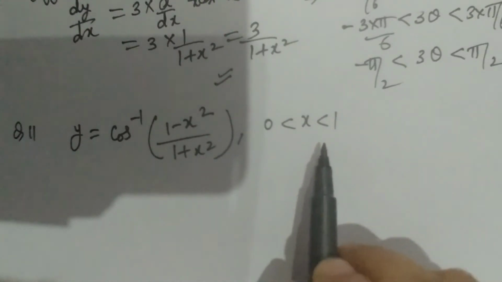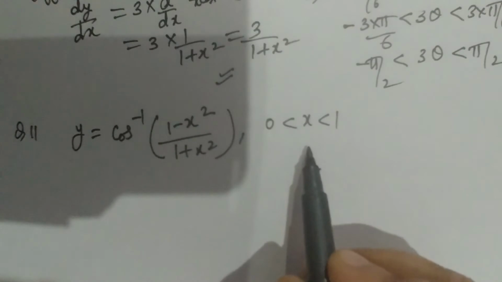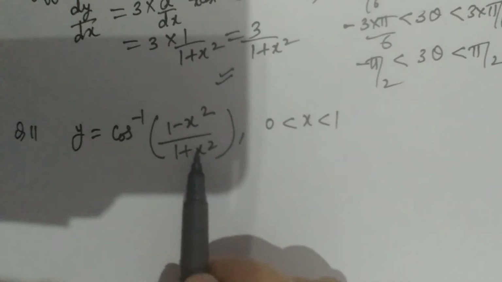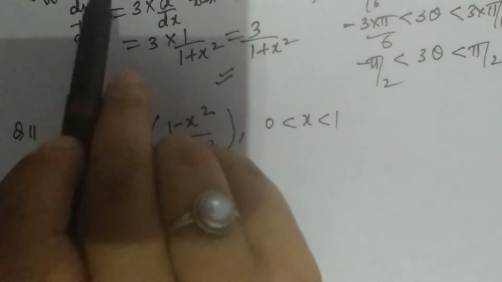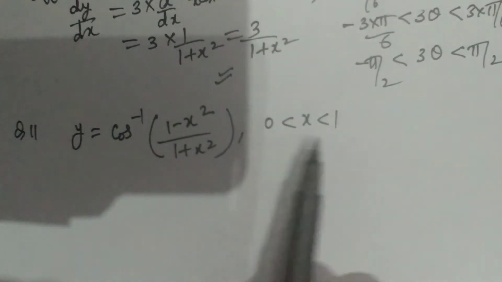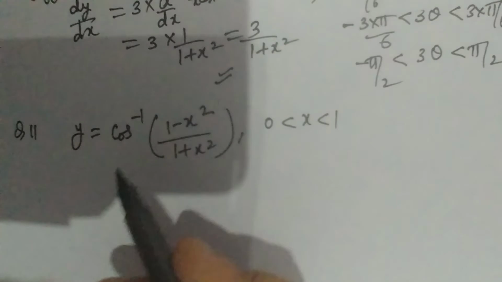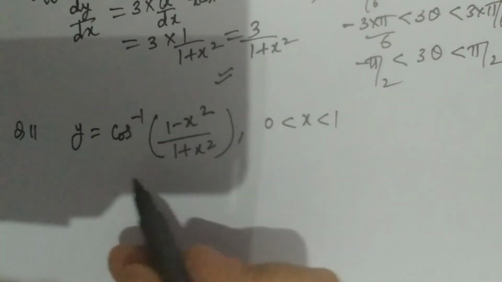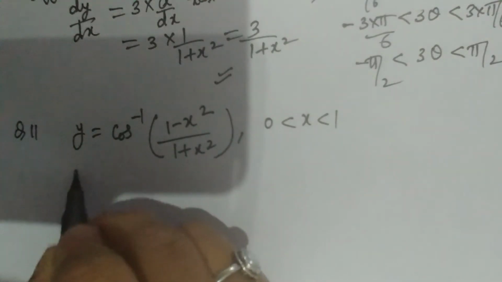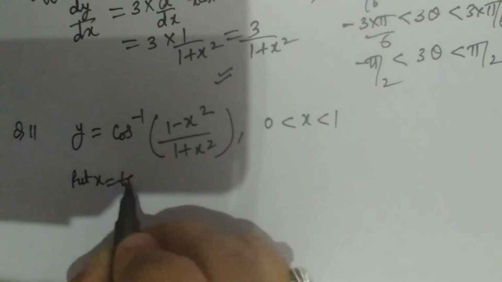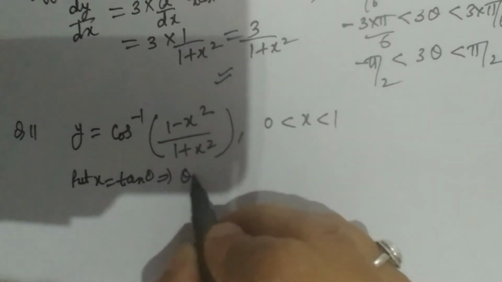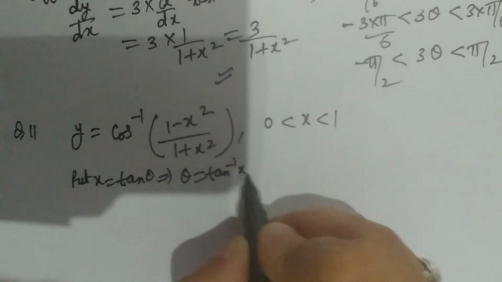From inside I'll get cos 2 theta. As I checked it for 3 theta, I'll need to check it for 2 theta. For simplicity, let's solve this side first. So put x is equal to tan theta, so theta is equal to tan inverse x.